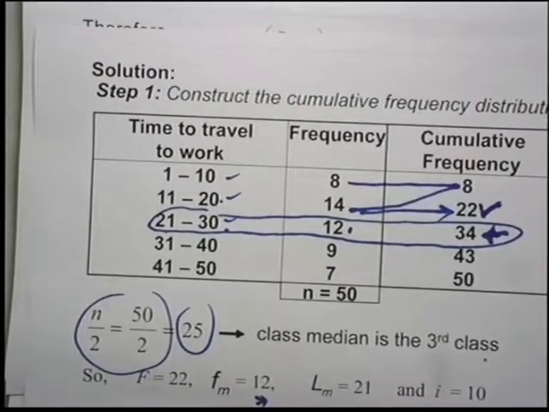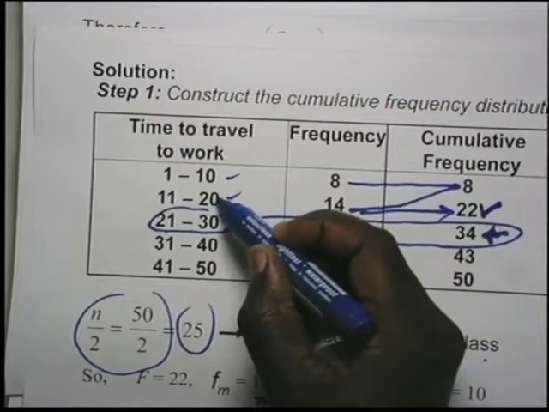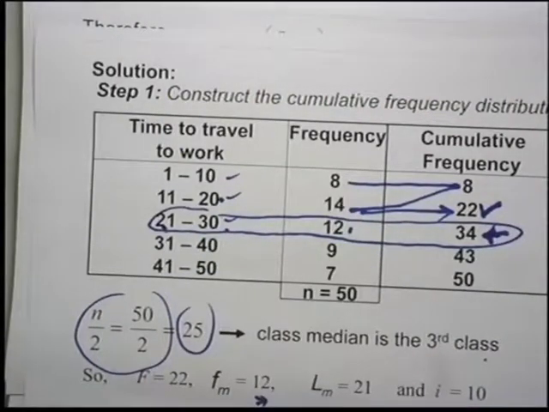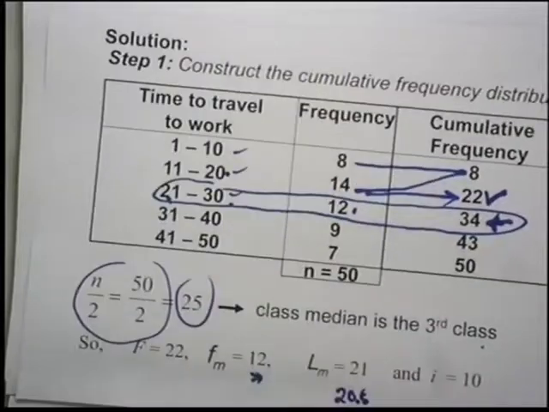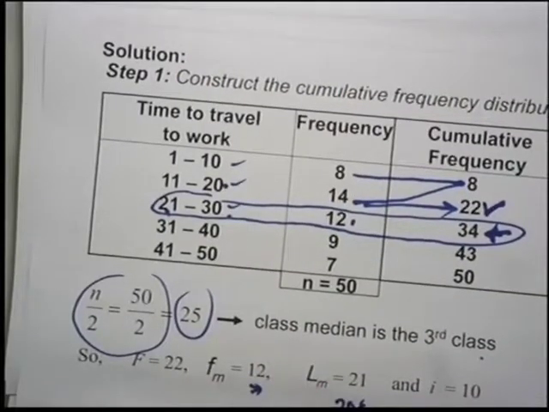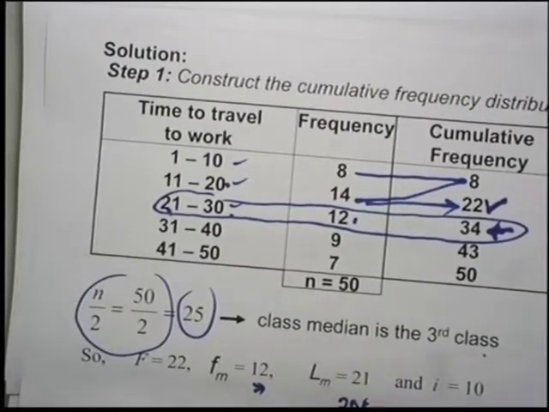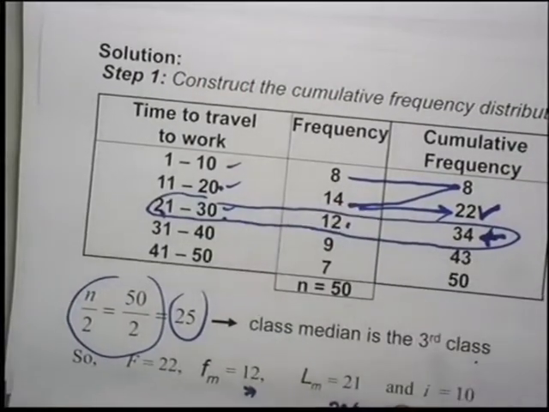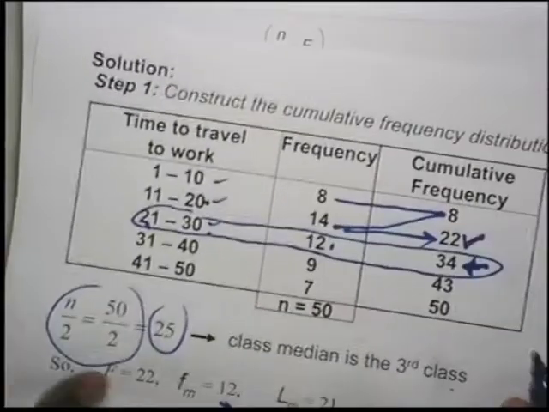So the easiest thing could be to say 20 plus 21, you get 41, divide by 2, and you get 20.5. So we could have used 20.5, but for simplicity, since to the nearest it goes back to 21, I've just used 21 in this case. And our interval is 10, as you can see when you subtract those two.